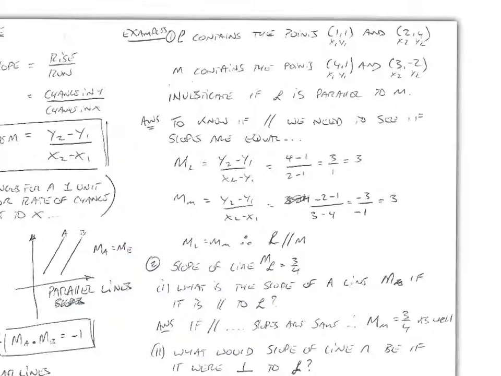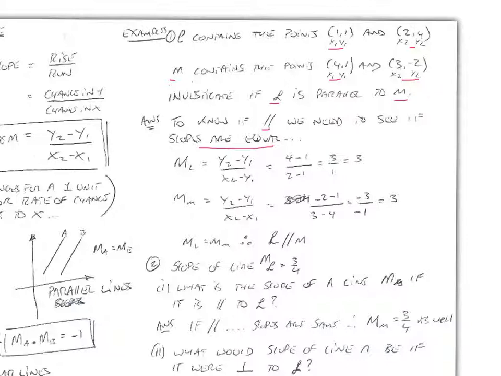So the type of problem we might meet with the first one: the line L contains the points (1, 1) and (2, 4). So we call this x1, y1, x2, y2. The line M contains the points (4, 1) and (3, -2). Find out or investigate if the line L is parallel to the line M. Well, to know if they're parallel, we need to see if their slopes are equal.